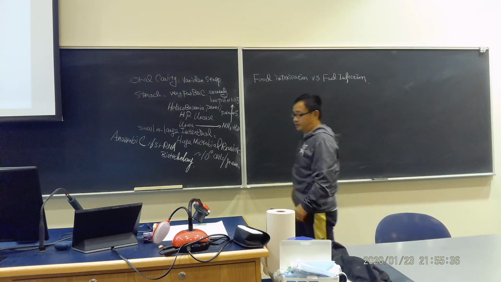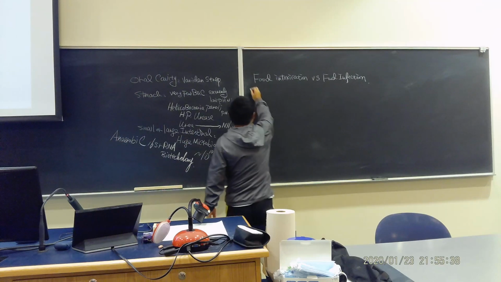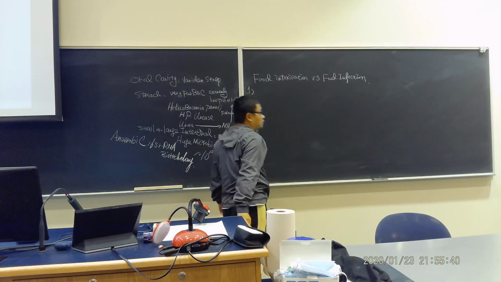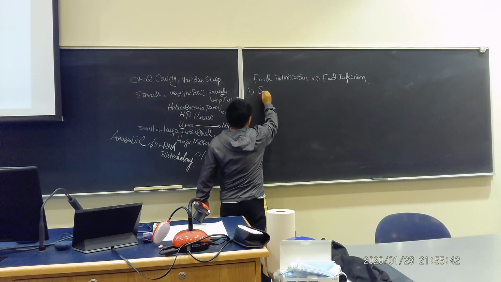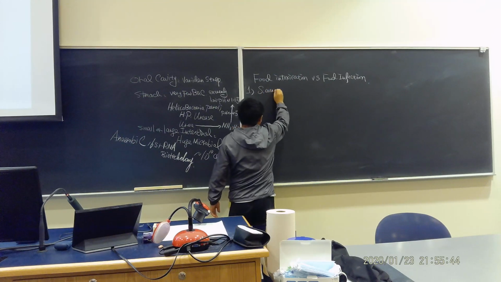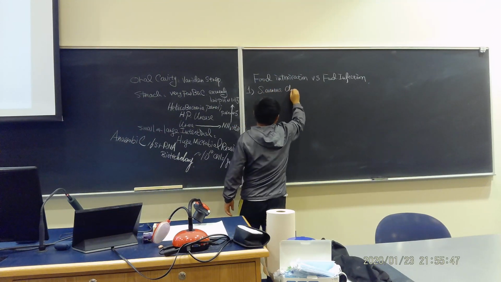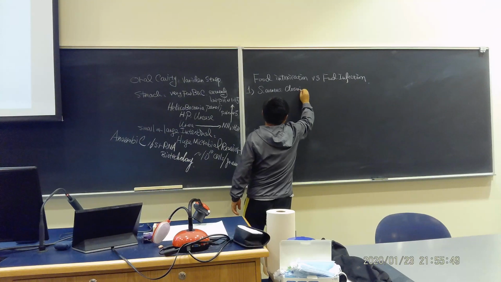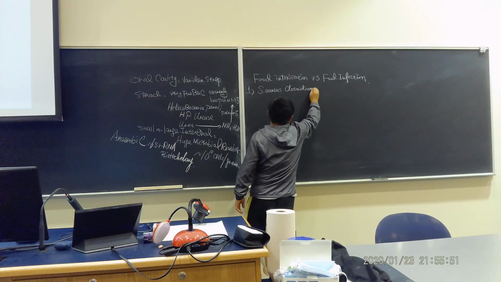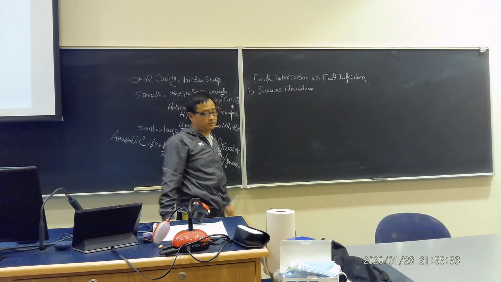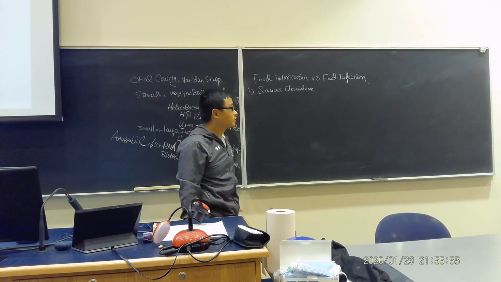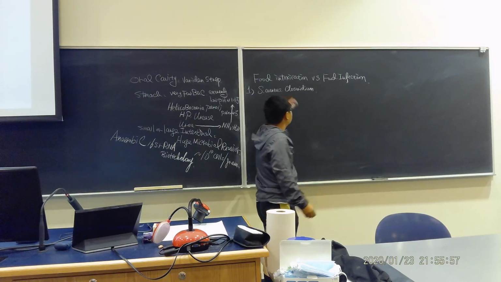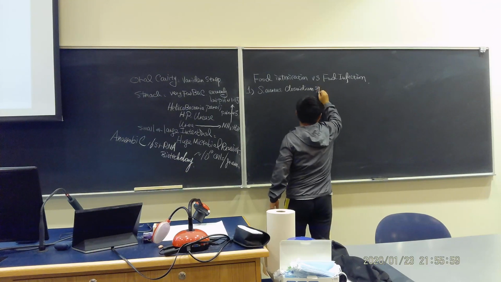Okay, first of all, let me give you some examples. What are examples of food intoxication? We talked about Staphylococcus aureus, Clostridium, and maybe Bacillus. But some people say Bacillus subtilis is normal, non-toxic. There's some research going on about it. Just spp.